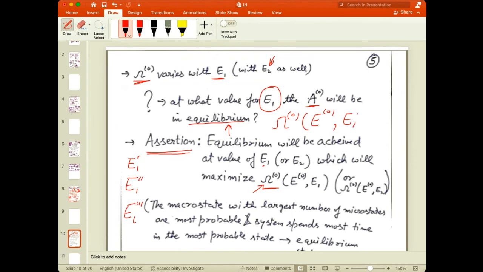Just E1. You can build a similar argument considering E2 here also.